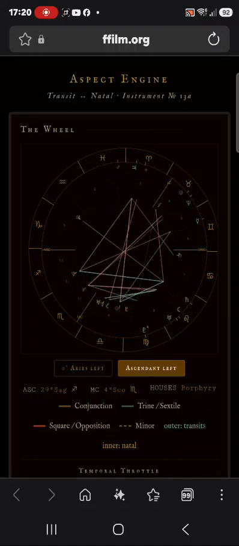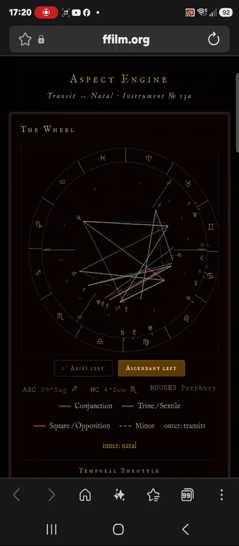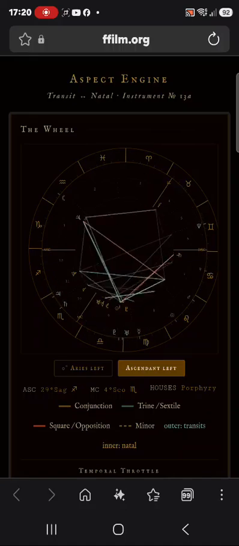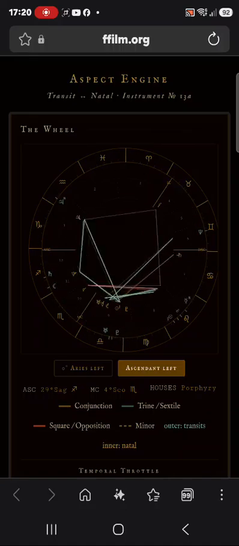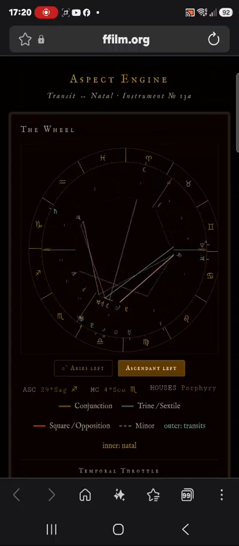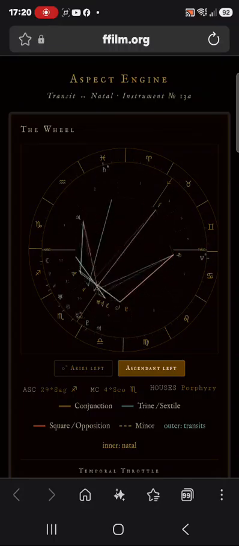You see some of these lines, I was going to say kind of stay where they are. They're probably these inner circle lines. Yes, these inner circle lines are things that are in my chart. So my chart is the inner wheel here of these little symbols that aren't moving.